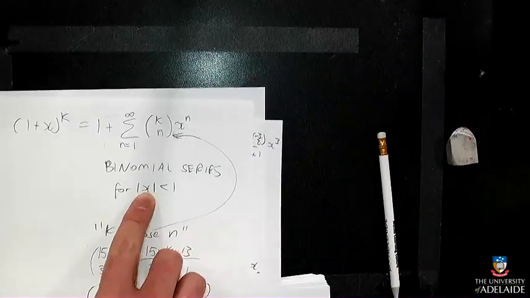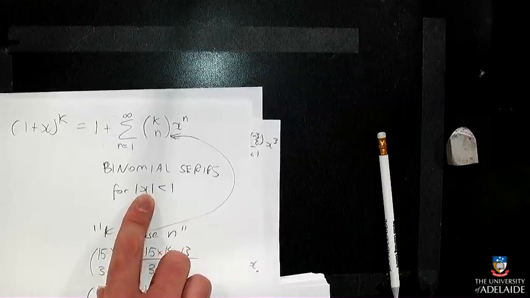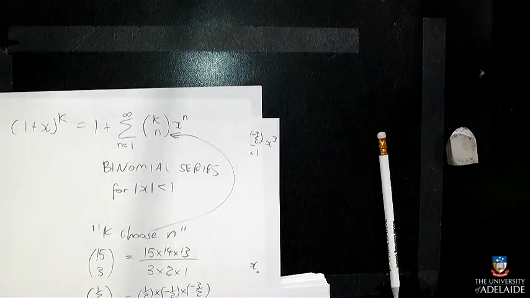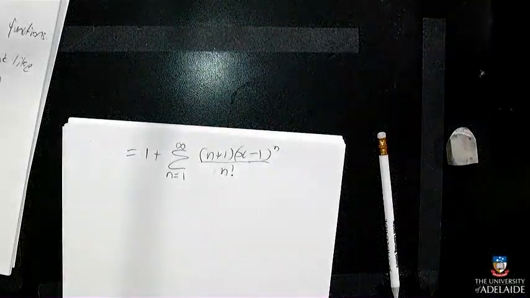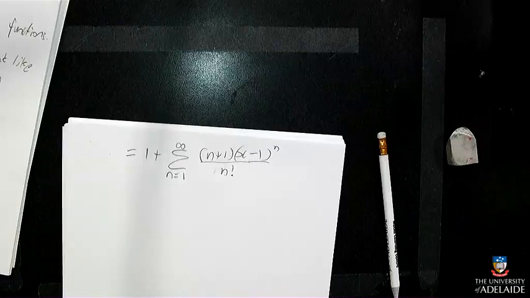I mean, it'll work perfectly well for all x if k is a whole number, but otherwise it only works if x is less than 1. And some of them always work, and it would be useful to be able to tell from just a random infinite series which x's made it converge or not. That would be useful.